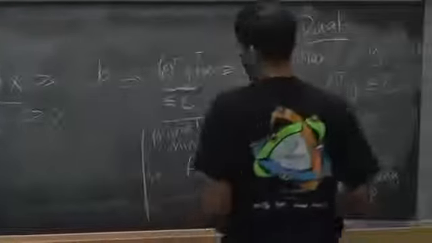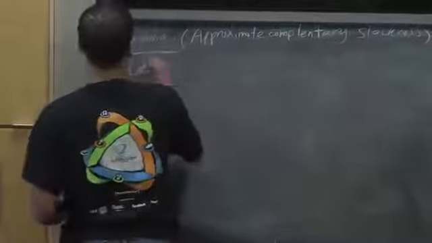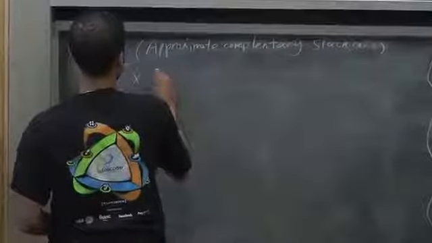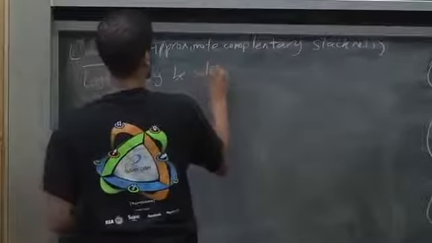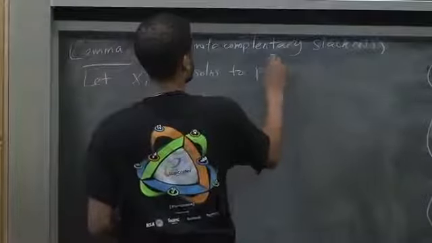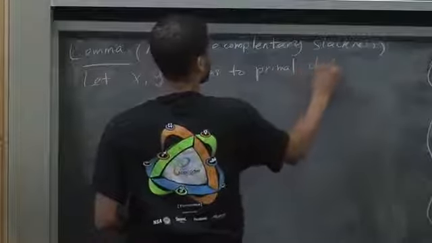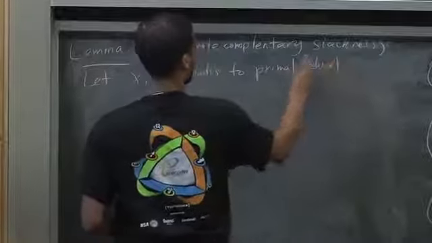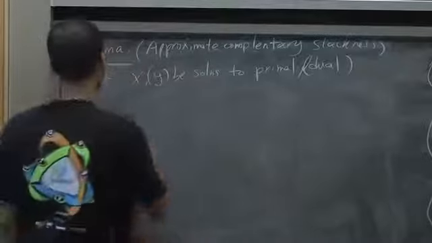So approximate complementary slackness says the following. Let X, Y be solutions to the primal and the dual, respectively.